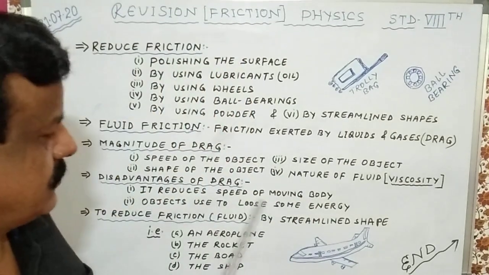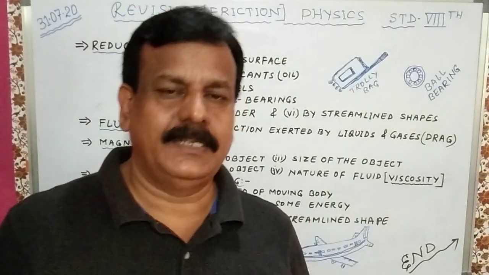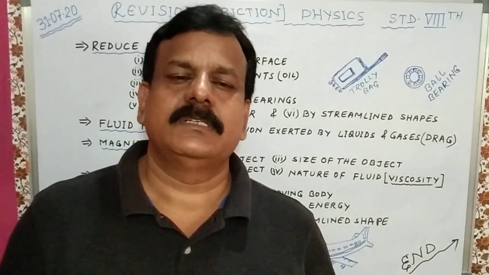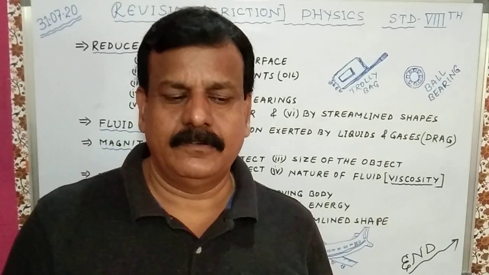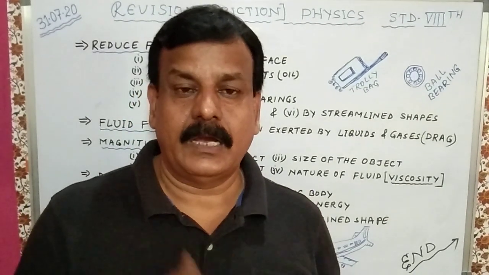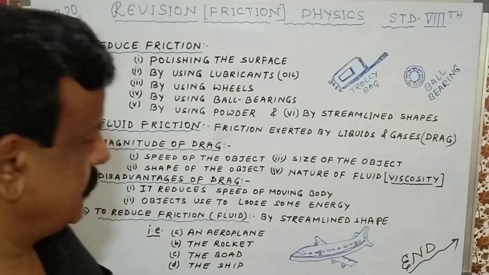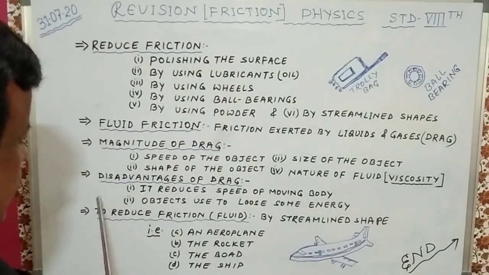So it also depends on the shape of the object. Nature of the fluid, viscosity. If the liquid is highly viscous, then it is high friction. So nature of the fluid is also a cause.